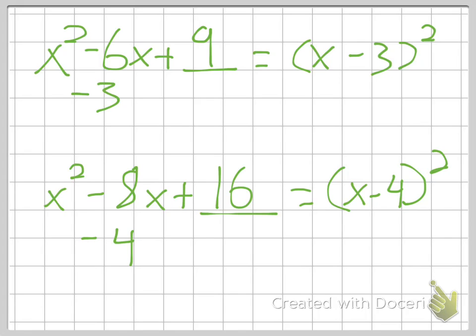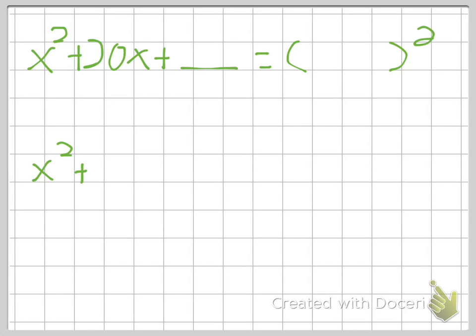Okay, so let's do a few concluding examples. I don't want to make the numbers too big. I think I skipped 14, so I'll do that. And let's do one last negative one.